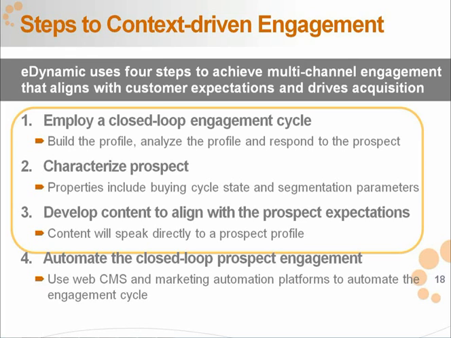And let's look at a couple things. One, we have this notion of this closed loop engagement cycle. An engagement cycle, you can think of it as a corkscrew as it works its way through the buying cycle.